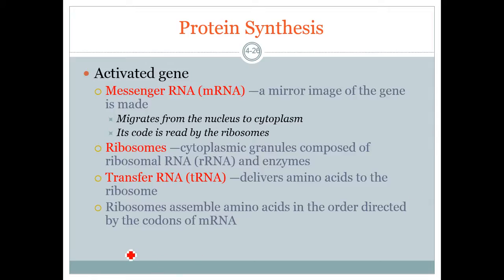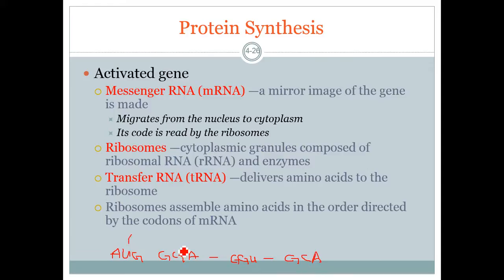So like in the last slide or so I was showing you, where you had the AUG, which is our start, then GGA, then GGU, and I'll do one more, GCA.